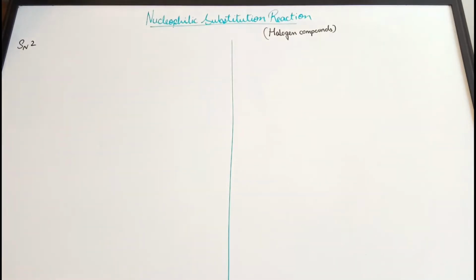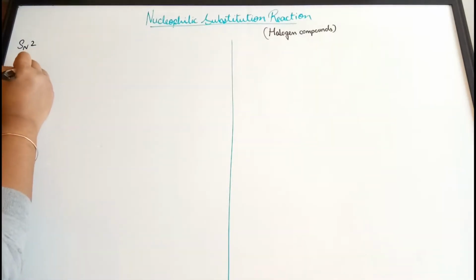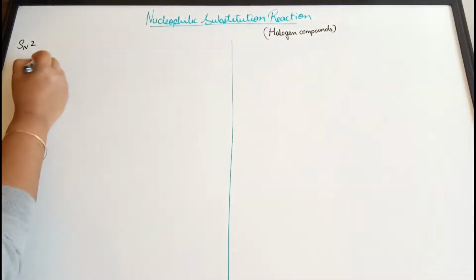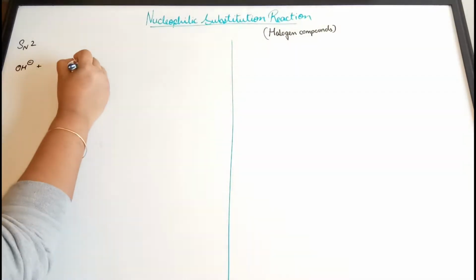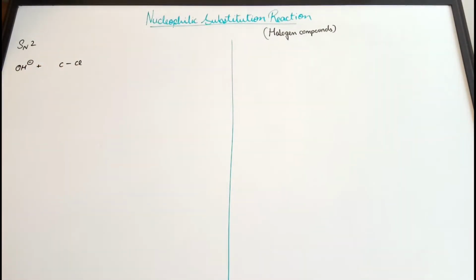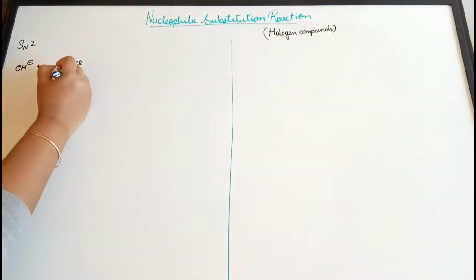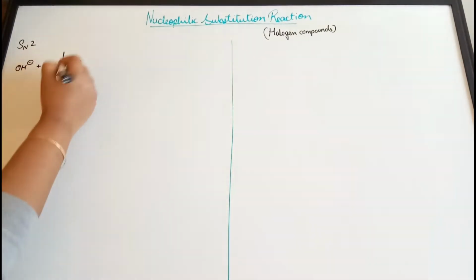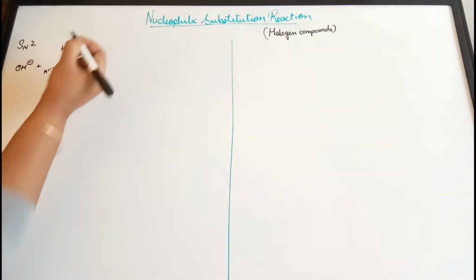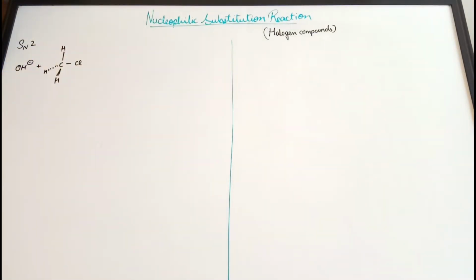So what happens over here is, OH minus is the nucleophile, and then you have a carbon atom. It's bound to a chlorine, and you have a thick line, dotted line and a straight line, and these are all going to be the hydrogen atoms. So this is actually called a solid line and wedge structure.